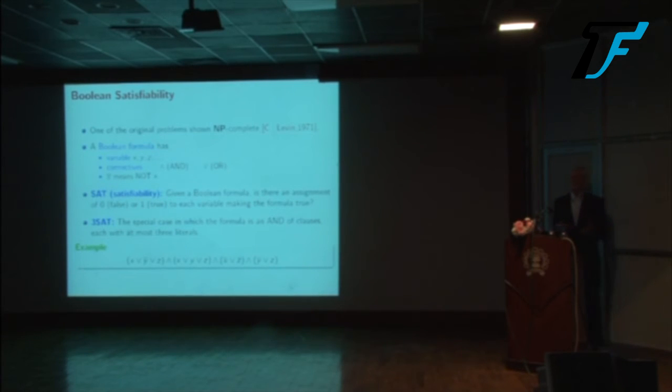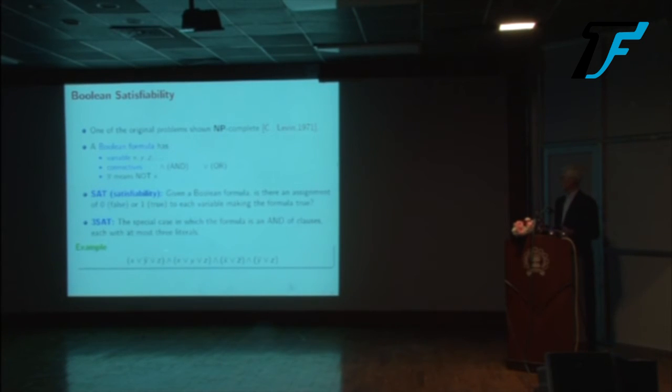In other words, is there a truth assignment to the variables which makes the formula true? Or is there a 0-1 assignment? Because we computer scientists like to use numbers, so 0 is false and 1 is true. So can you assign 0 and 1 to the variables so that the formula is true? And this turns out to be NP complete.